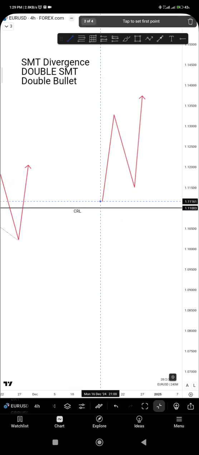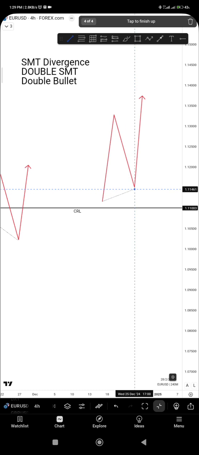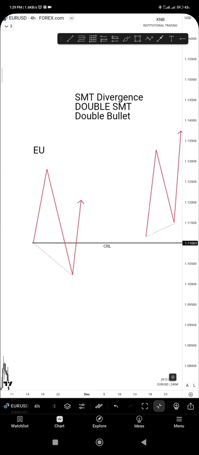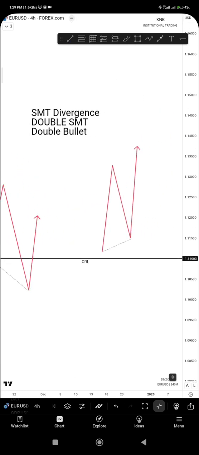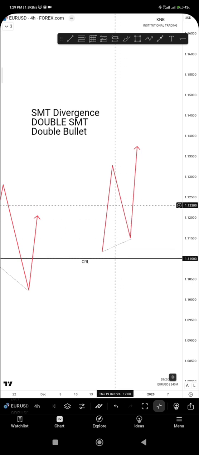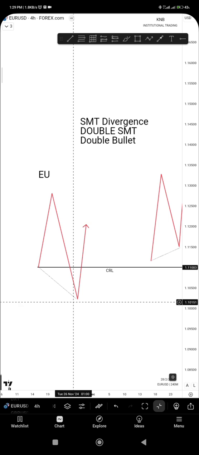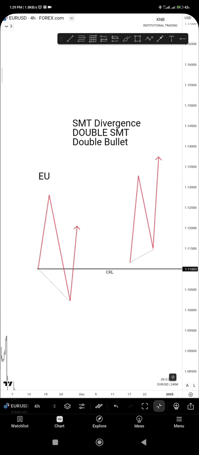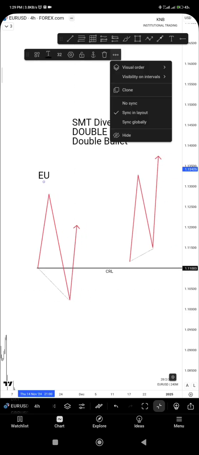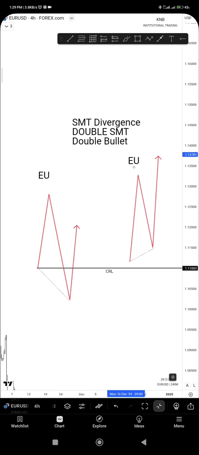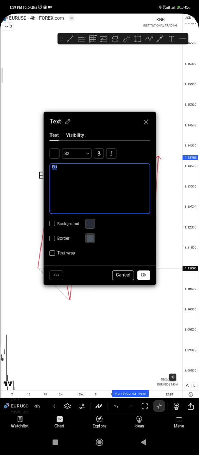And this right here is also a sweep of liquidity. So this forms a lower high, whereas this forms a higher low. Correct? Higher low. So this takes out liquidity, but because this asset is correlated with this, we can actually say this is an SMT divergence.